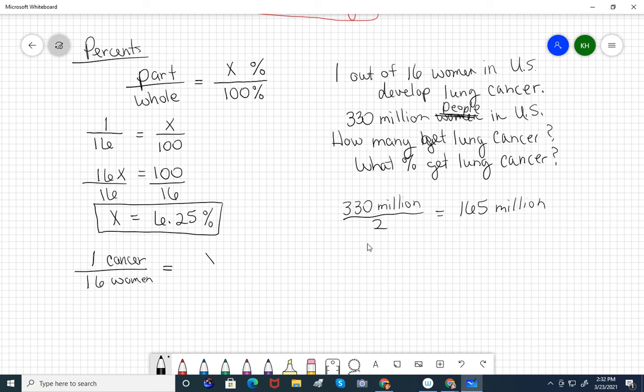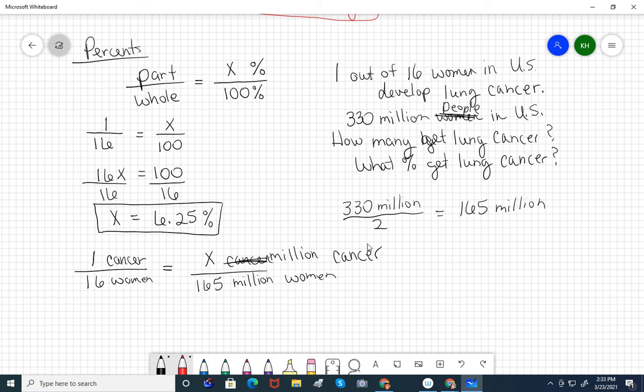So how many cancer patients would we expect out of 165 million women? Since this is just women, we can leave it like this and say how many million cancer patients. That's probably the easiest. And then we can just cross multiply.